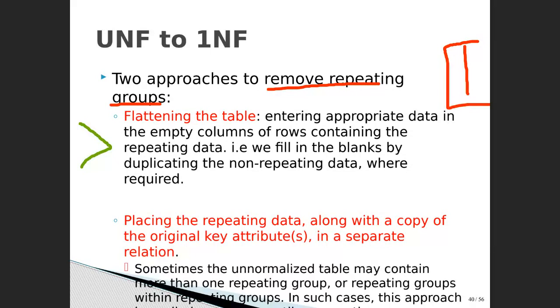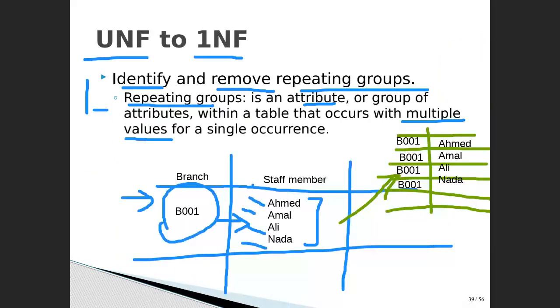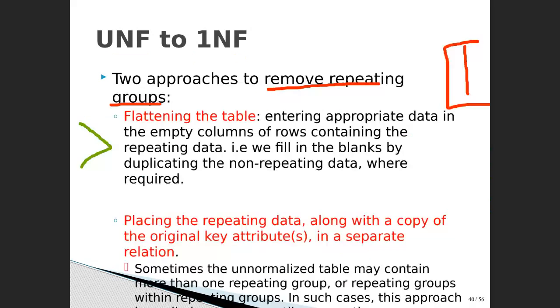We can just have them in multiple rows like in this example. This was a row that includes a cell with multiple values or a repeating group. So we can separate them into rows or tuples and fill the blanks with the missing data. We duplicate the non-repeating data where required. This is the meaning of flattening the table.